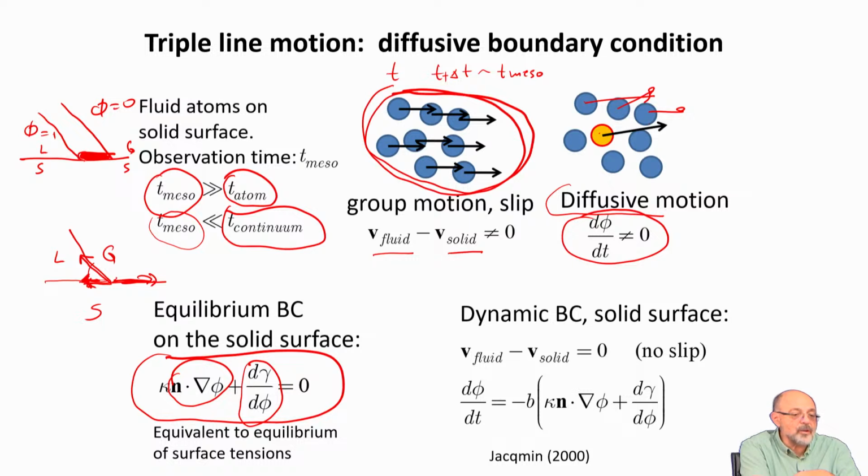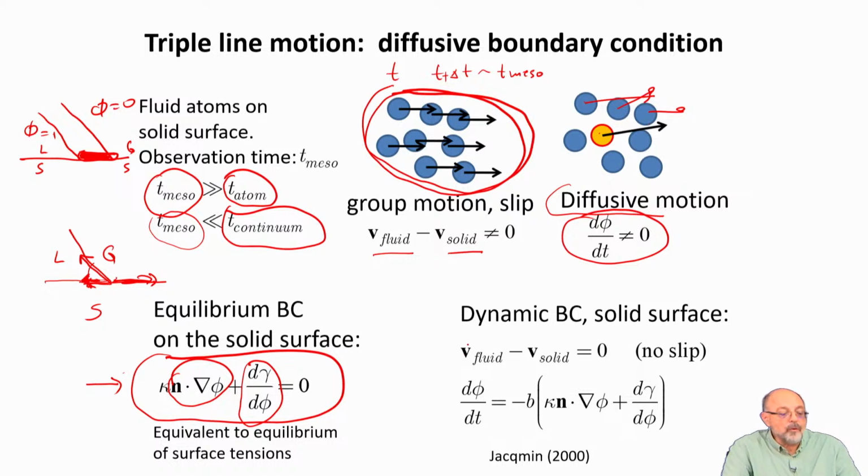So this is my triple line. It's a triple stripe normal to the surface. This is the equivalent of Young's equation for phase field.